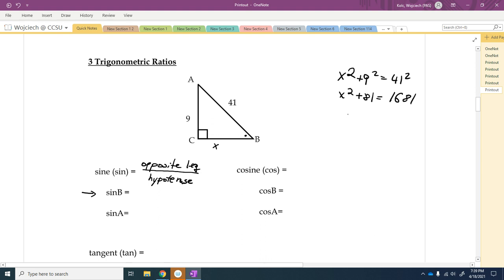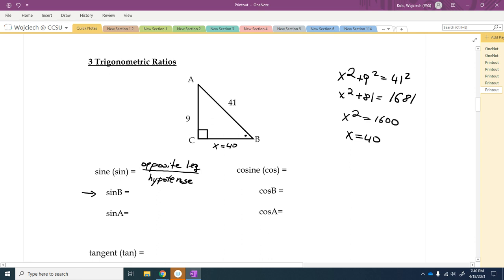Subtract 81 from both sides, so you have x squared equals 1600. If you take the square root, x is equal to 40. In fact, this is one of the triples. So this side is equal to 40. So 9 is one of the legs, 40 is another leg, and 41 is automatically the hypotenuse, because the hypotenuse has to be the longest side.